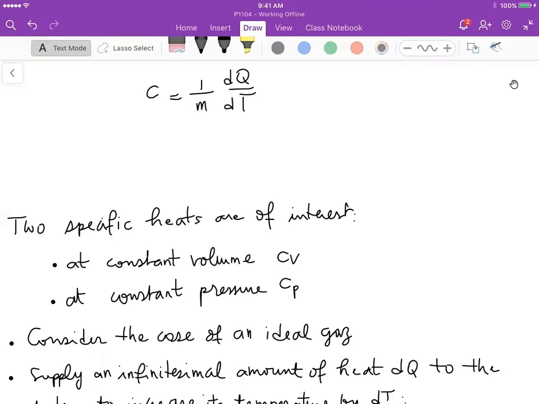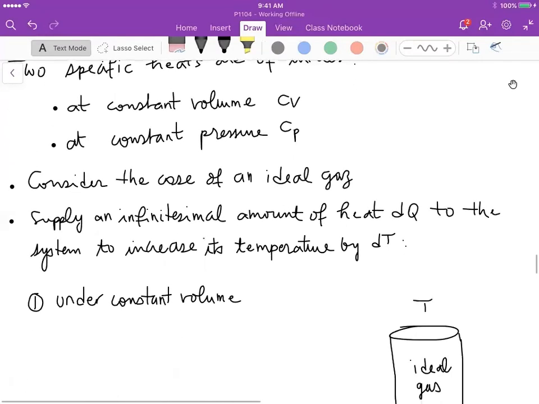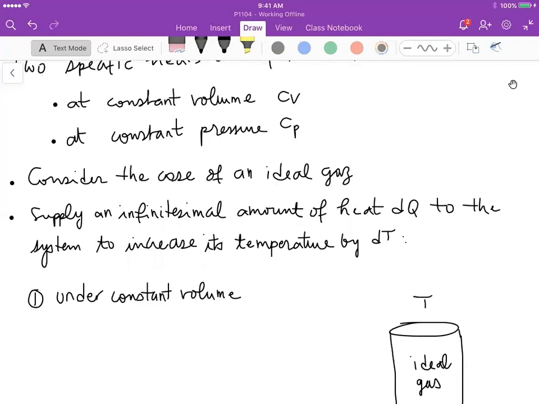So we are going to do this exercise. We're going to take the experience of raising the temperature of a given system by dT, by adding a given amount of heat dQ at constant volume as well as at constant pressure. For this reason, we're going to consider the case of an ideal gas, because an ideal gas is the best and easiest substance to deal with.